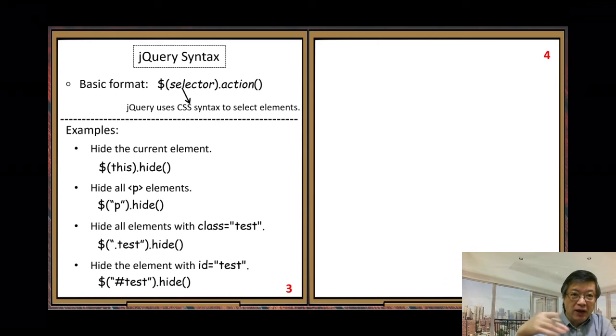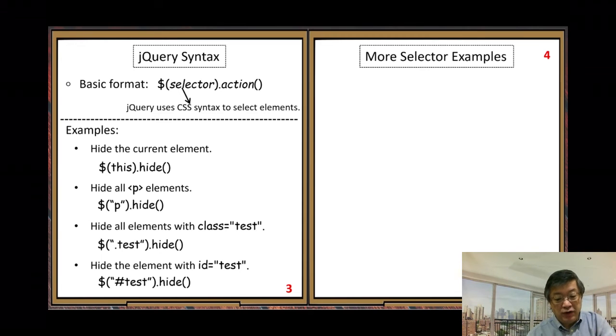So let us look at a little more requirements for the selector. More selector examples. First, select all elements. Star representing all elements. Pretty straightforward, right?